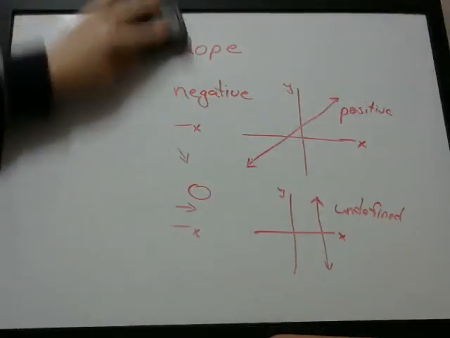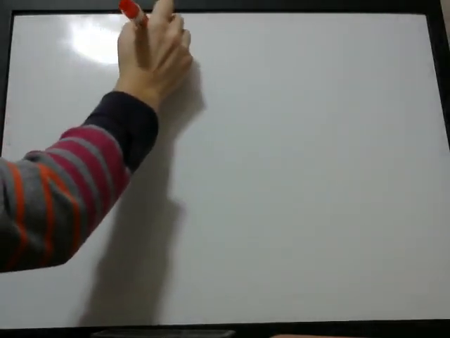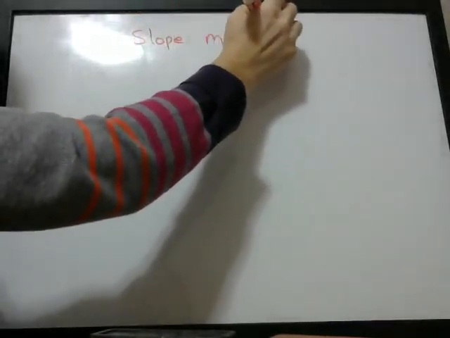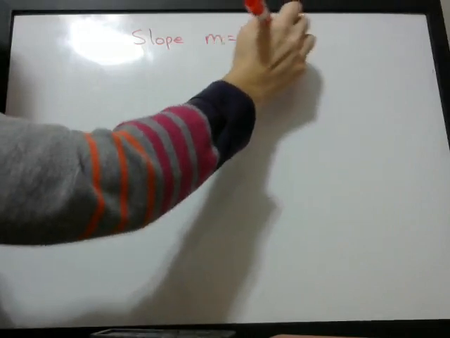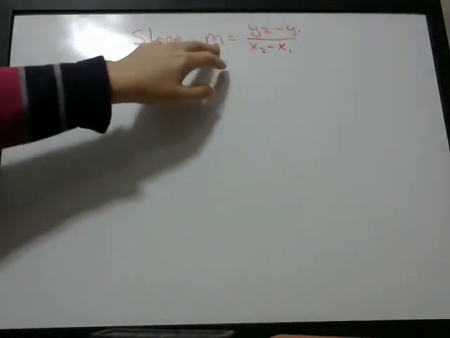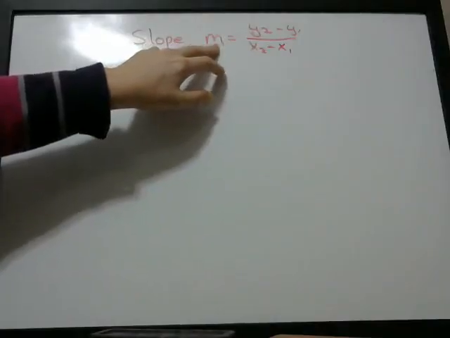So on your formula sheet, you have the formula for slope. So you don't even need to memorize this. And what it says on your formula sheet is m. M is the variable that we normally use for slope.